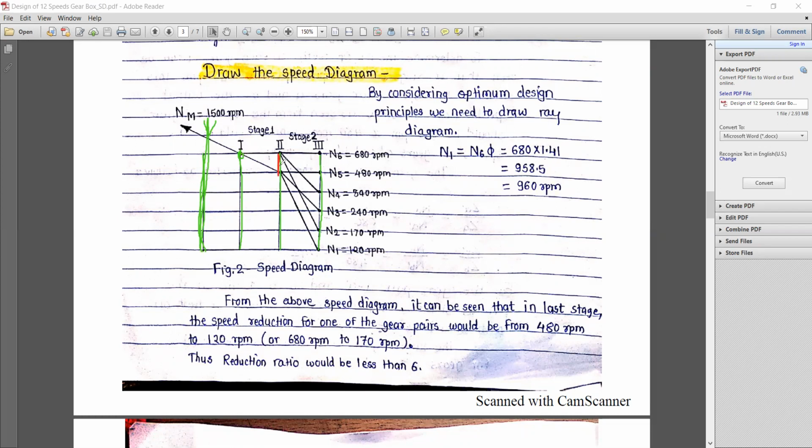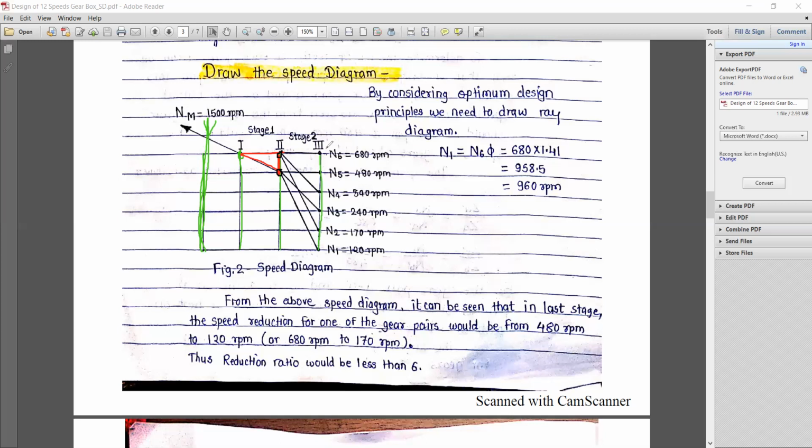So these are the 2 outputs, with a spacing equal to 1. In stage number 1, that is from spindle 1 to spindle 2, the spacing between the 2 outputs is 1.